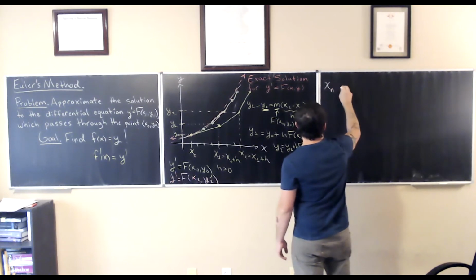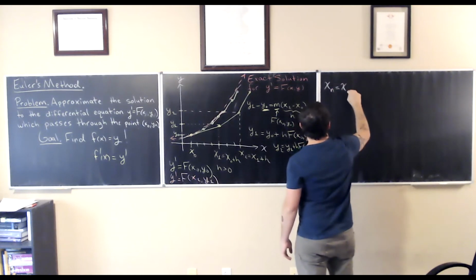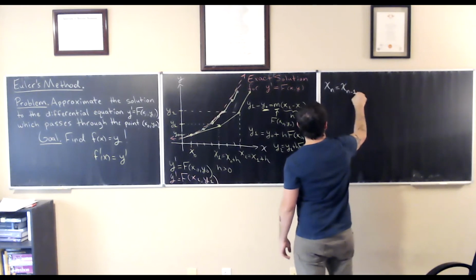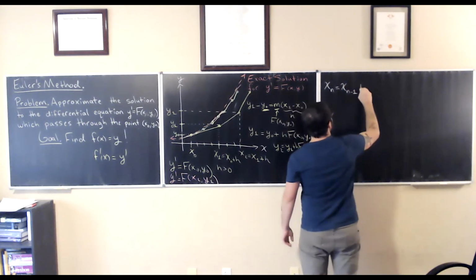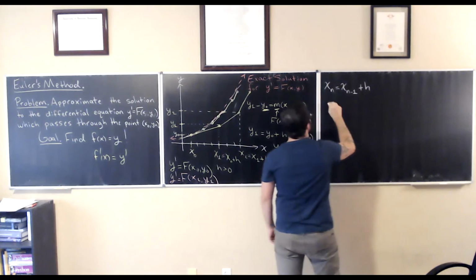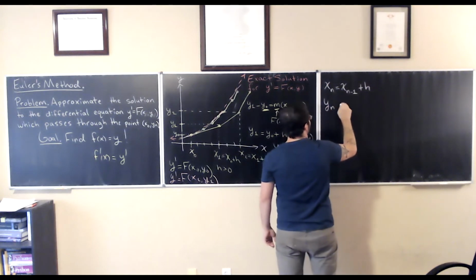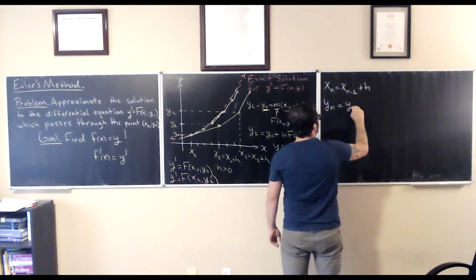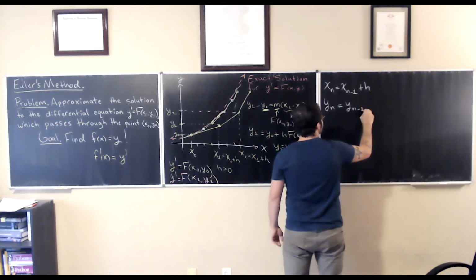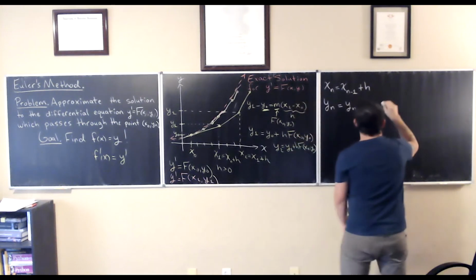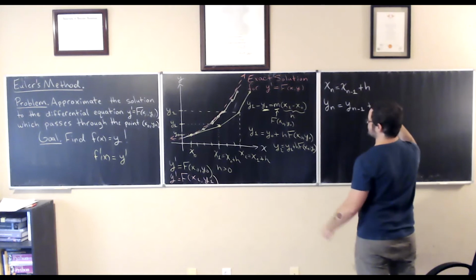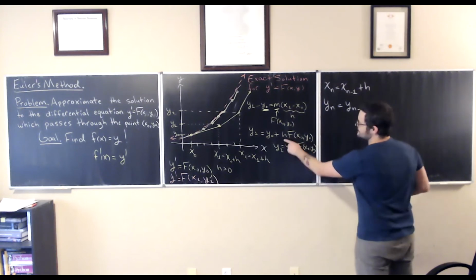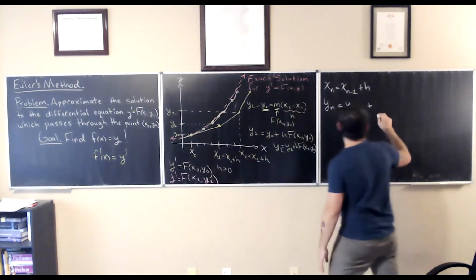So the idea is to say x n is equal to your previous x plus h, and y n is equal to your previous y plus your h times your slope. h is your difference in x at each step.